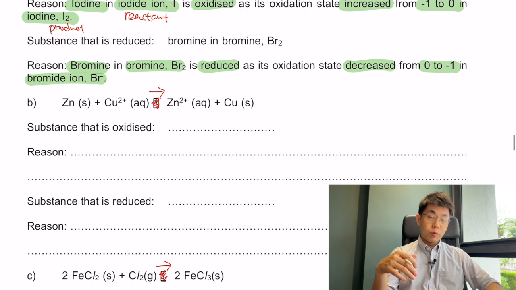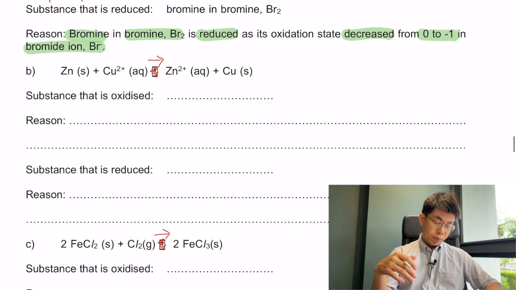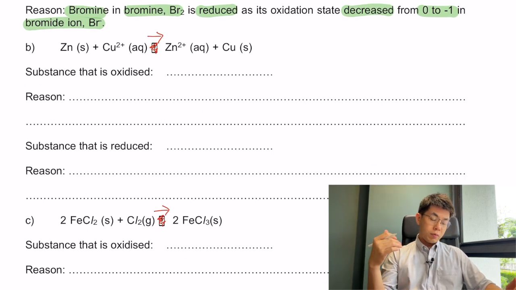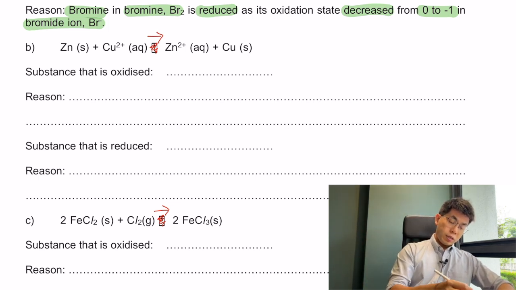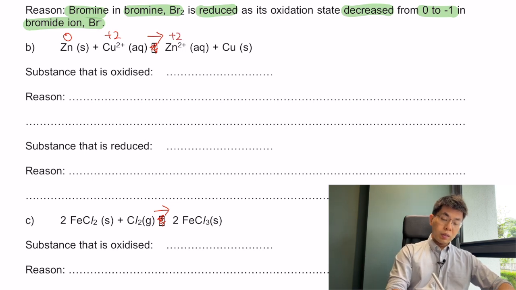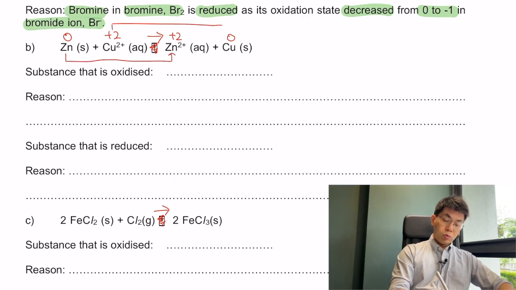So let's try a few examples together. The first example, we have this reaction: Zn, zinc, plus a copper 2 ion, gives a zinc ion and then a copper metal. Zinc is an element, so it is 0. Copper 2 plus, so it's +2. Zinc 2 plus, so it's +2. And then copper, because it's an element, is 0. So we can see that the zinc went from 0 to +2, while copper went from +2 to 0.